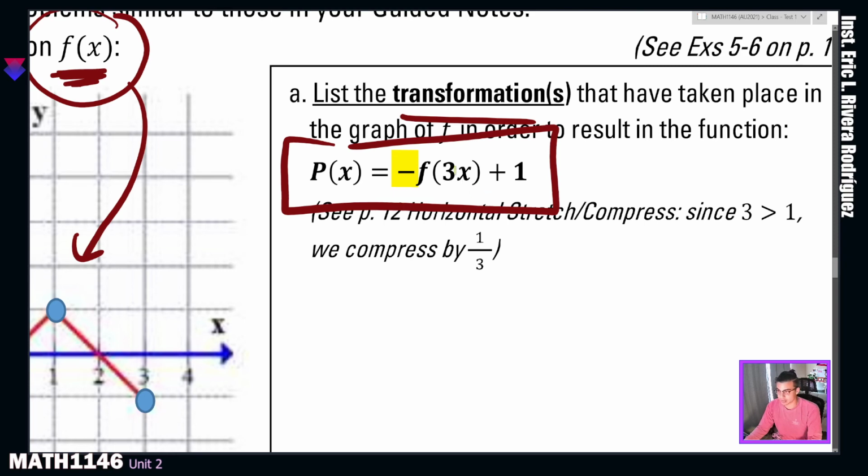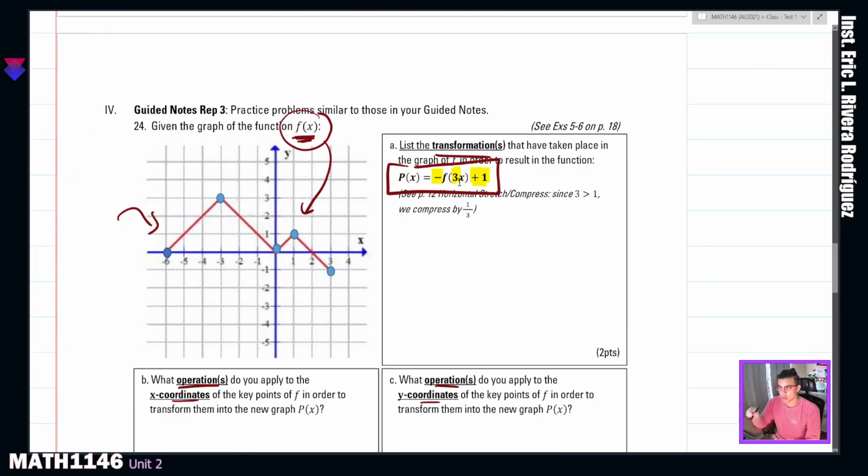We are seeing that the input, what is within the parentheses of the function, now has a 3. So it's 3x, a factor being multiplied times x. What is the effect of that? And we are seeing a +1. So we have 3 things that are new to the function f of x, and based on that, you are going to identify the transformations.